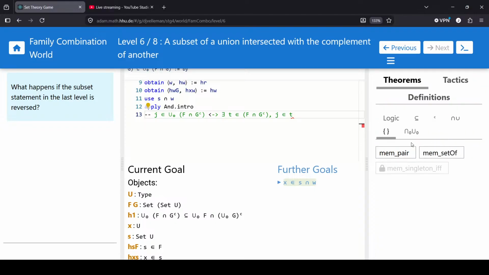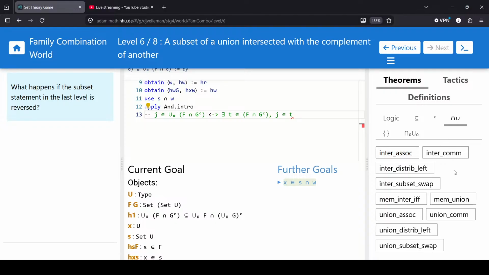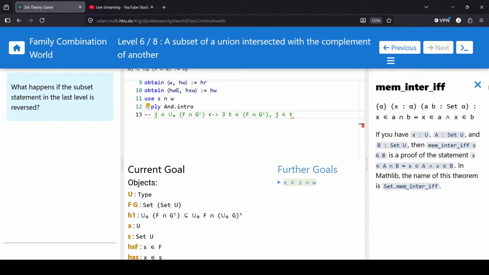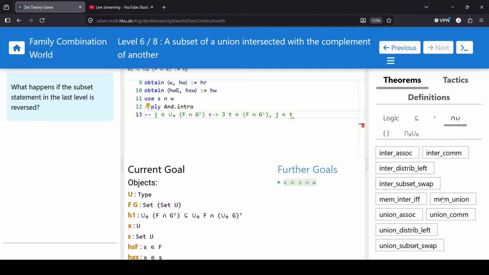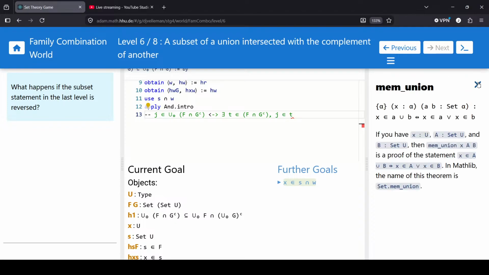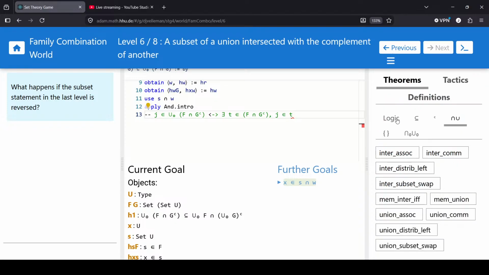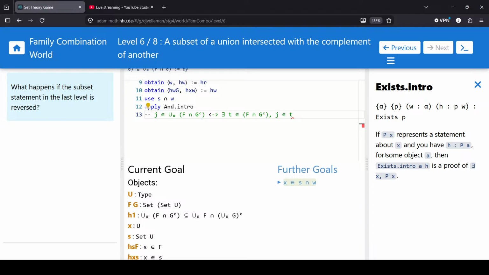Maybe not. Still missing something there. Oh, is it this one? No, I think it's just exists.intro, isn't it? Yeah, it's this one. Oh, okay, here we go.